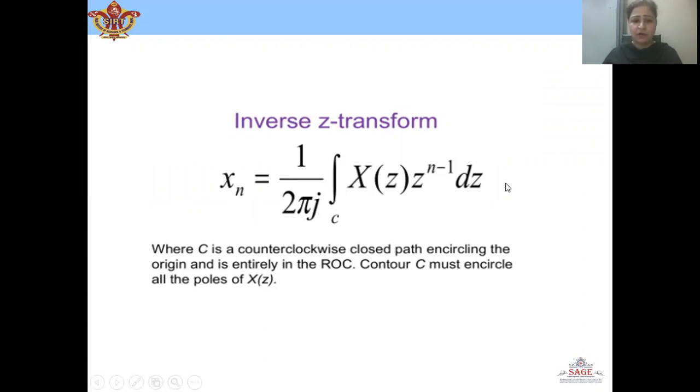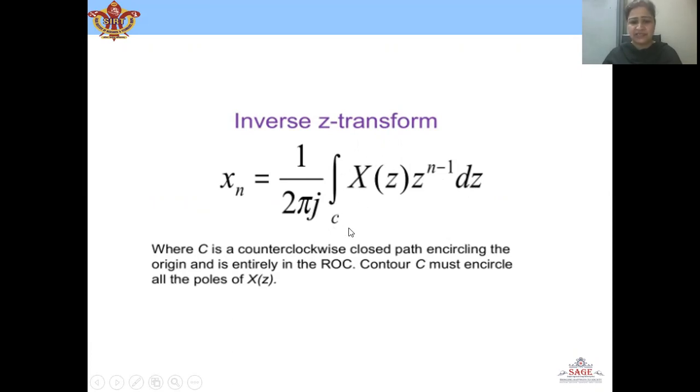Now the formula for inverse Z transform is given by this expression: 1 upon 2 pi j, integration over a closed path C, X(z) z raised to power n minus 1 dz, where C is a counterclockwise closed path which is encircling the origin and it is entirely in the region of convergence.